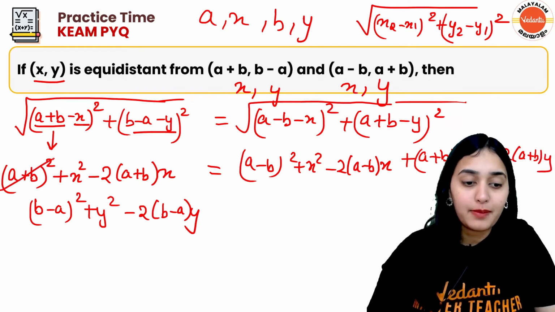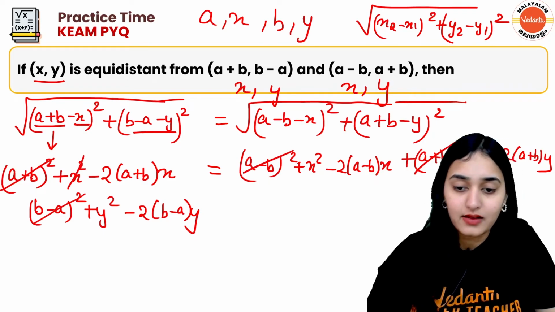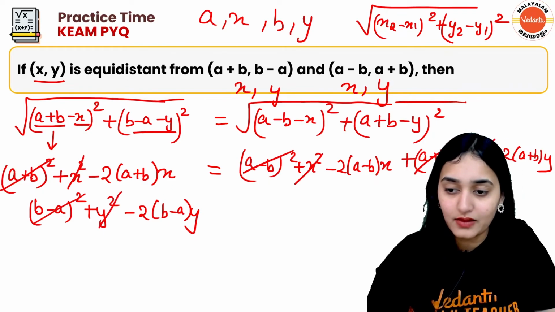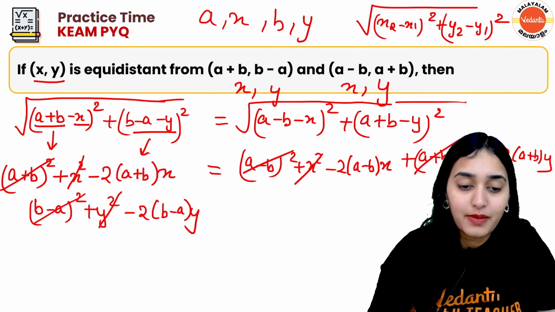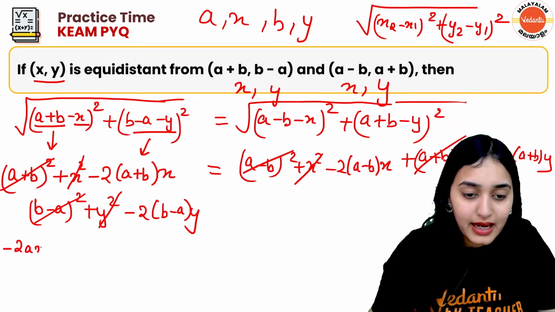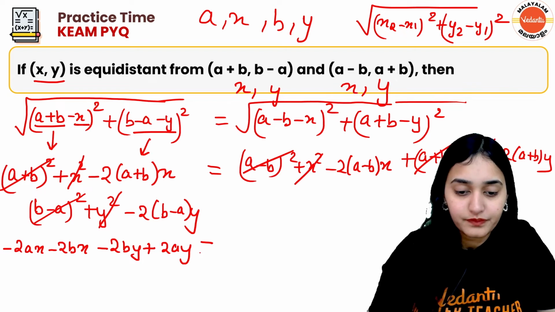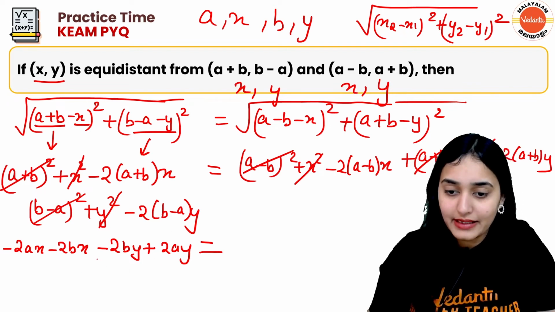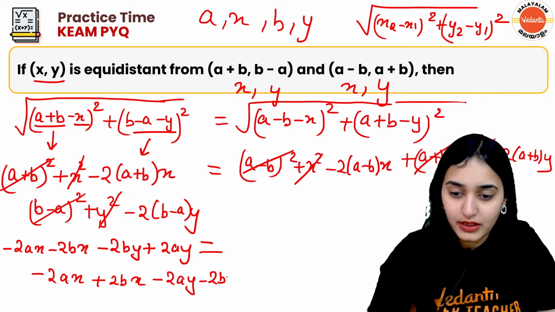Now solve it. (a plus b) whole square, (a minus b) whole square, x square, y square, they are all cancelled. Only solve the remaining one. Now open this bracket. So minus 2ax minus 2bx minus 2by plus 2ay is equal to, solving the right hand side, minus 2ax plus 2bx minus 2ay minus 2by.